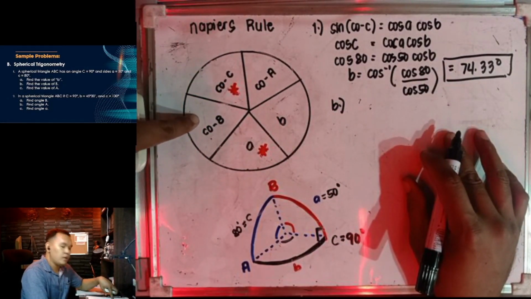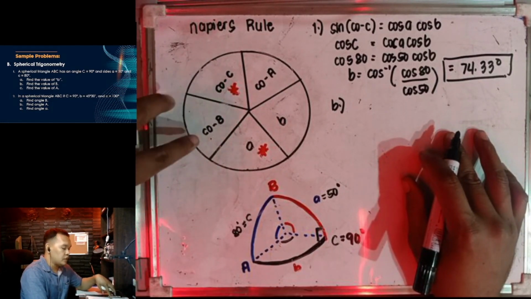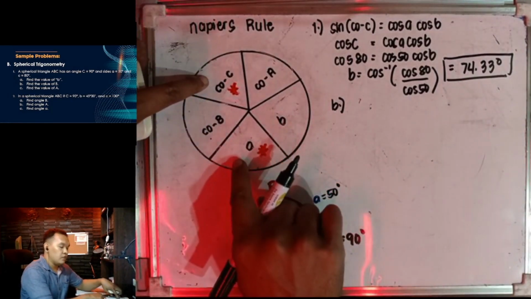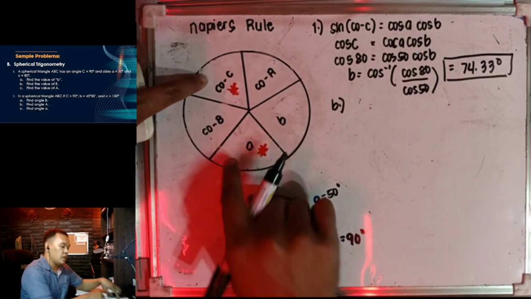Kung itong capital B ang pinapahanap, pwede kong sabihin na sine nito is the tangent of these two adjacent angles. Okay?